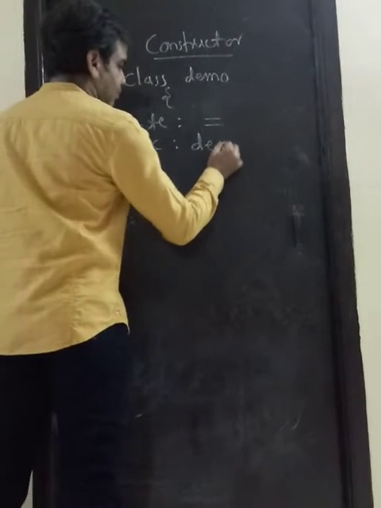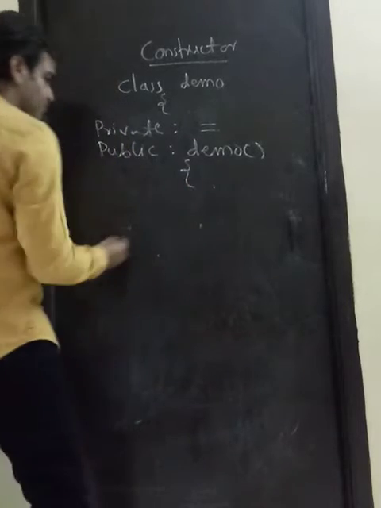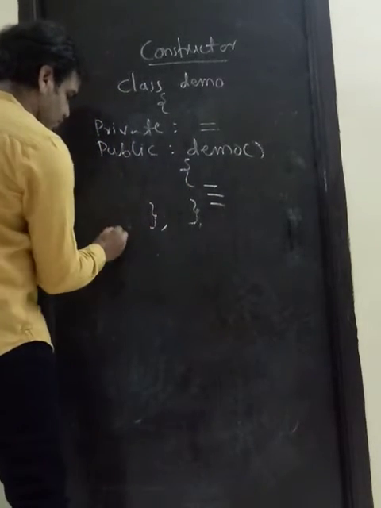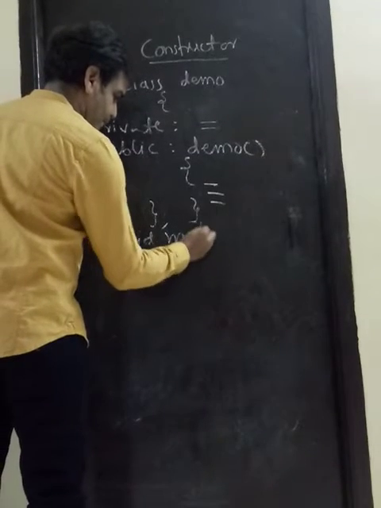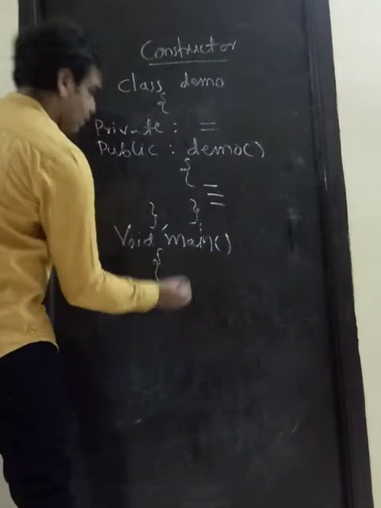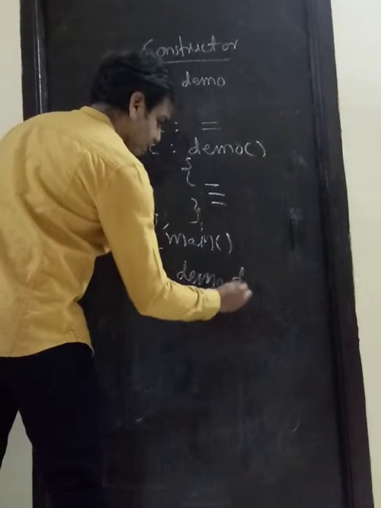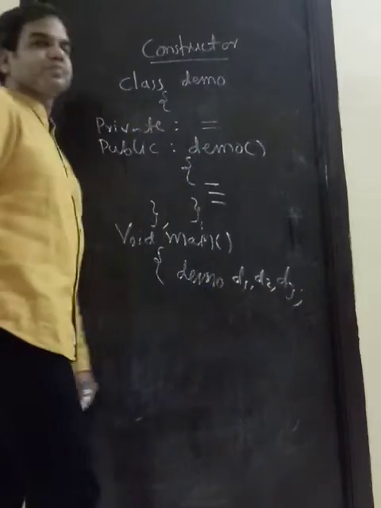Here I am taking the constructor, the member function. Then close. In void main, the class name is demo, and D1, D2, D3 are the objects.